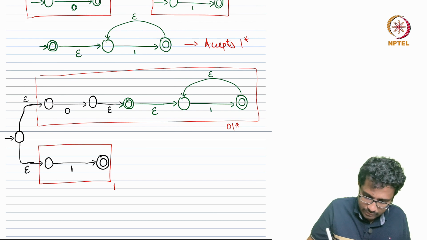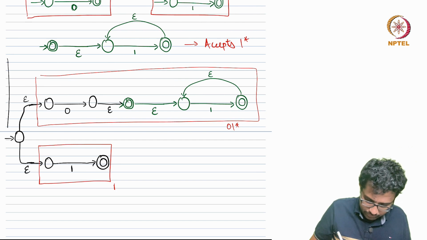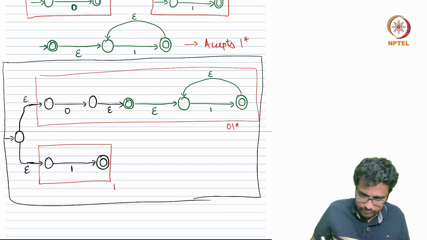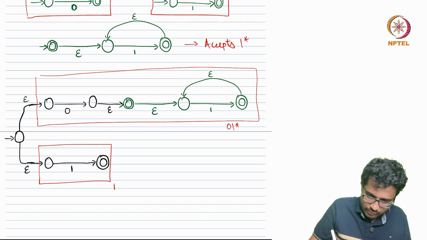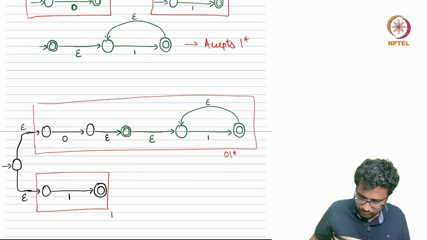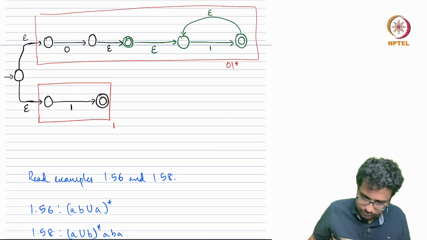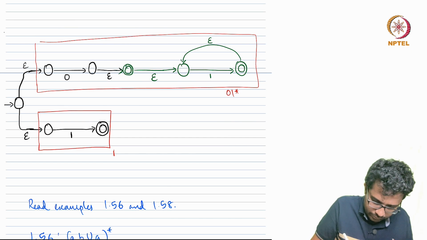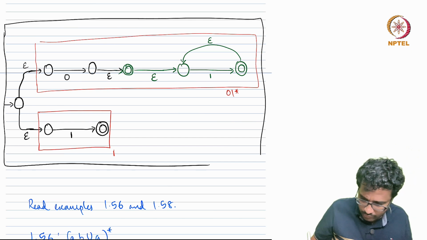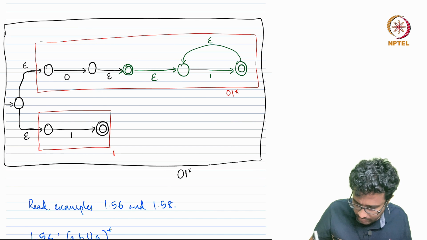So maybe I'll just pull it down a bit. So this accepts 0, 1 star union 1.